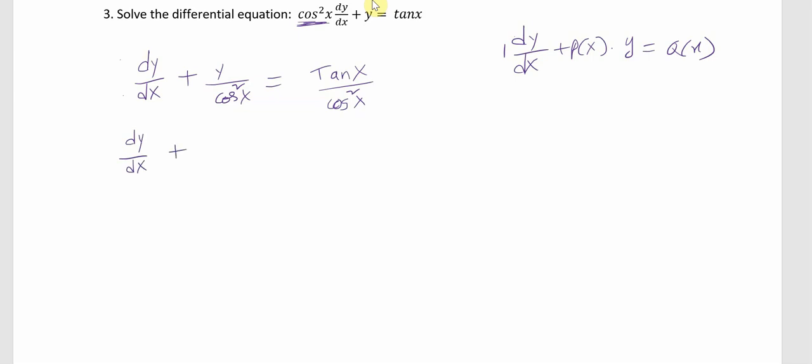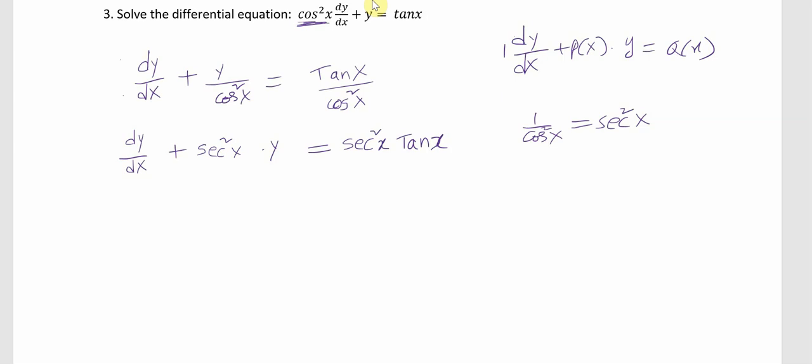From trigonometry, from the course pure math, it is there that 1 over cosine x is secant x. If you take cosine square x, then it becomes secant square x. So 1 over cosine square x we can write as secant square x multiplied by y as it is. And tan x over cosine square x, again secant square x tan x.